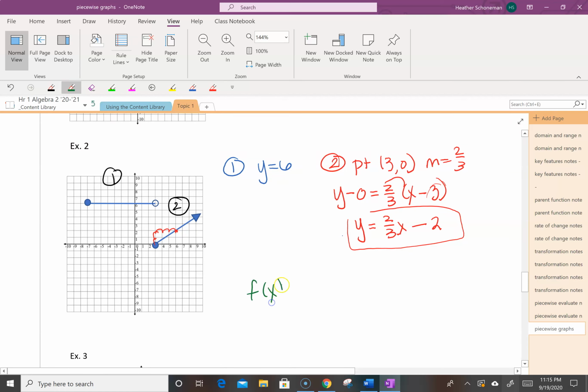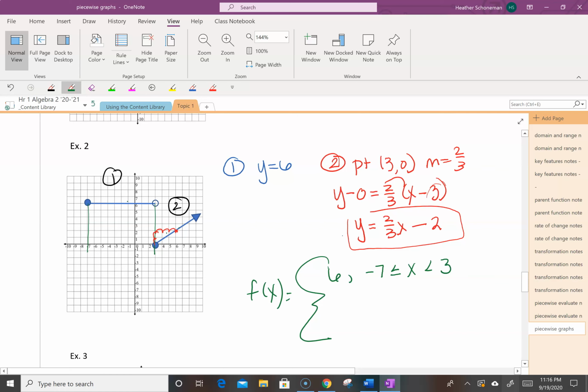So I'm going to say f of x equals, big bracket. I have 2 lines, so I'm going to have 2 equations. I have to work from left to right. So the first one is f of x equals 6. And now I've got to write the domain, -7 to 3. So it'd be -7, closed circle, less than or equal to x, less than 3, open circle at 3.